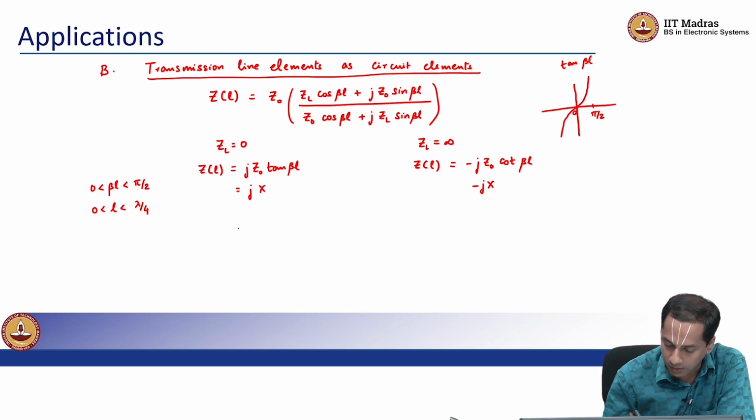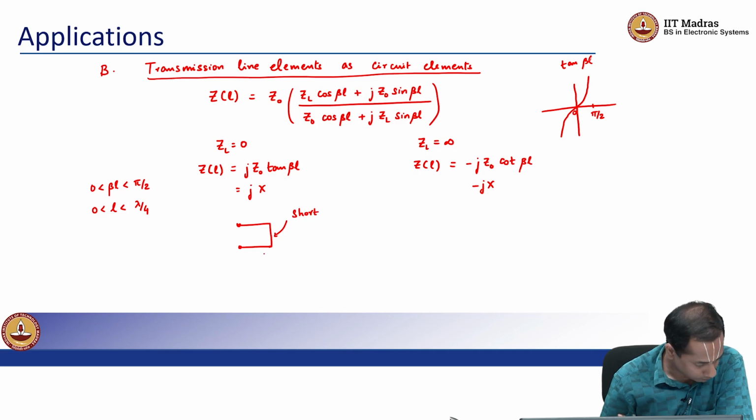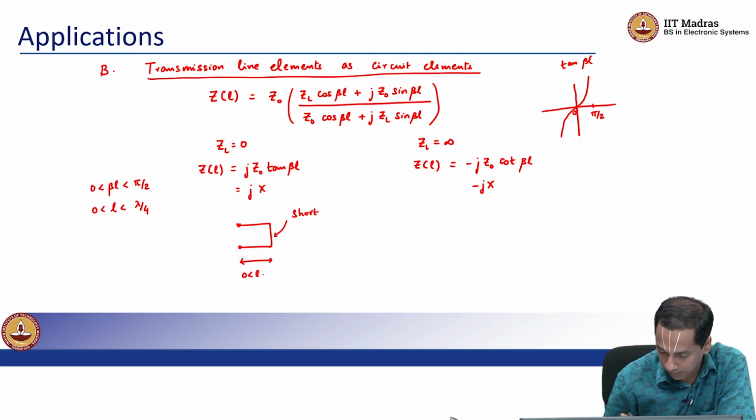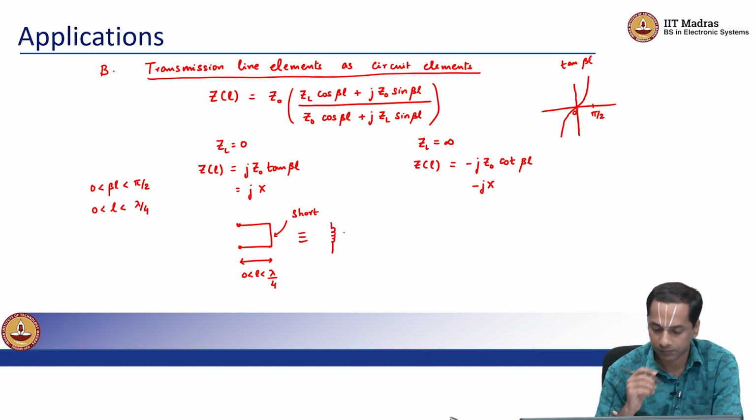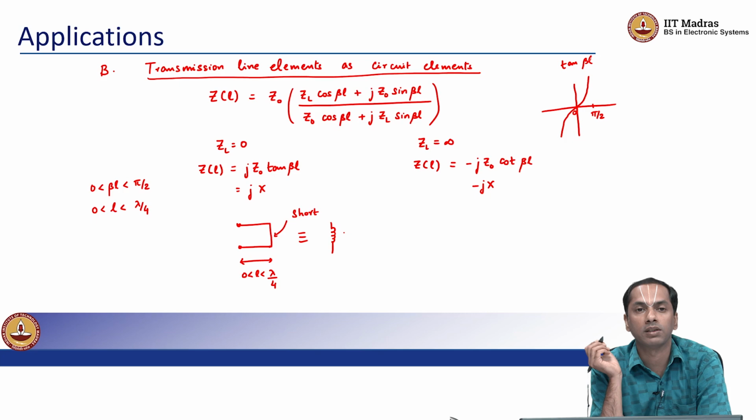So what this means is, if I have a transmission line, so this is my short circuit, and its length is between 0 and λ/4, this can act like an inductor.